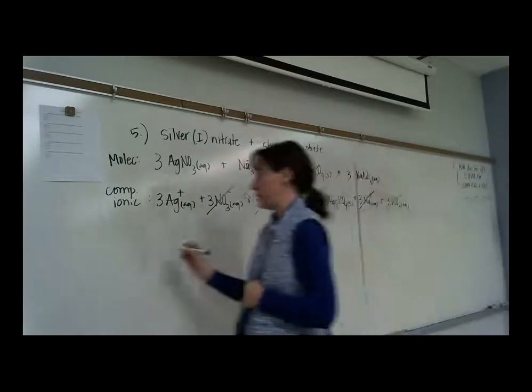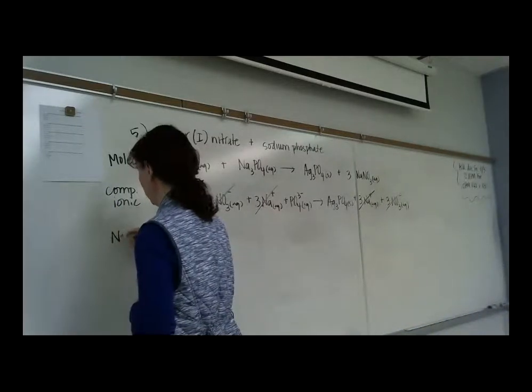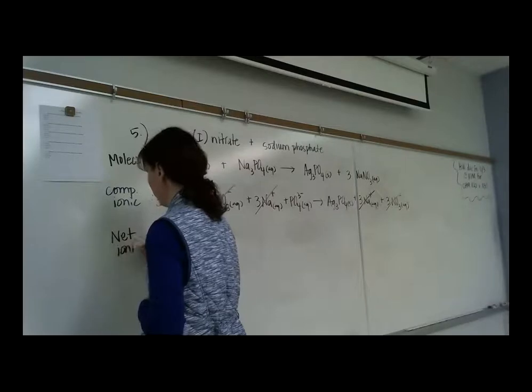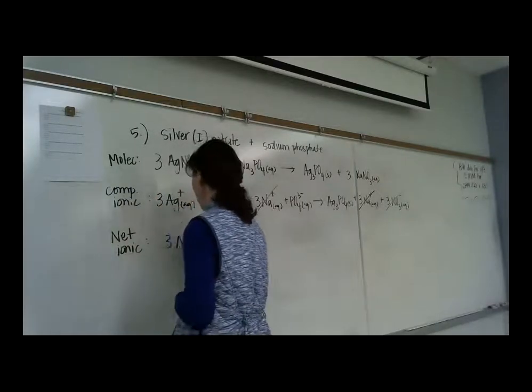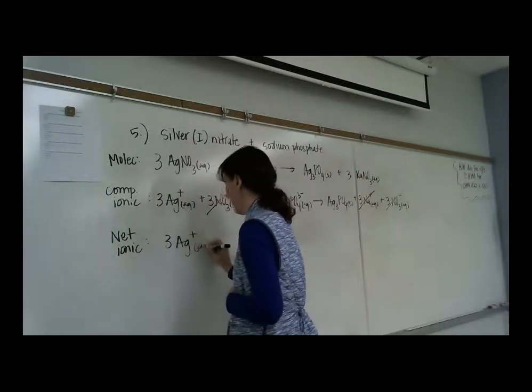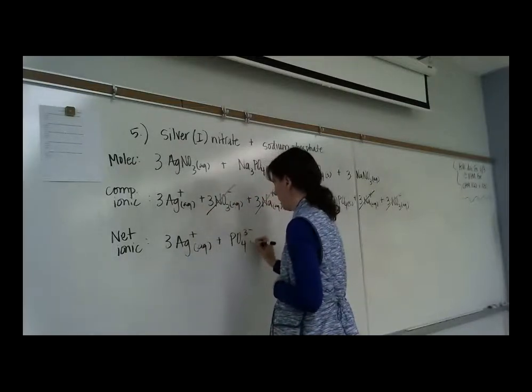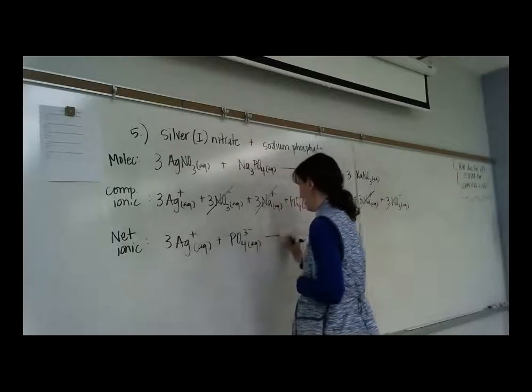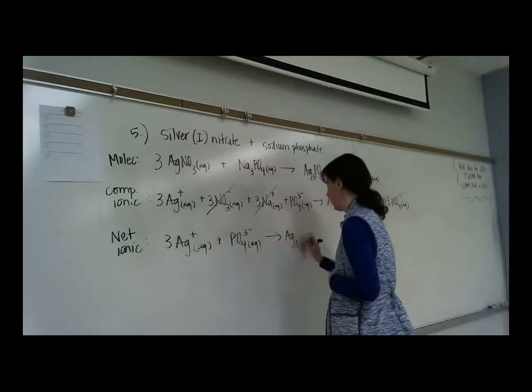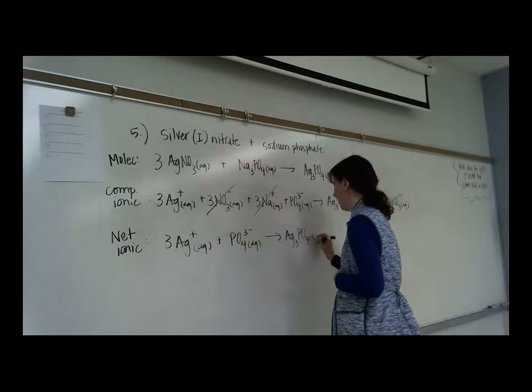So what you're left with is the net ionic. 3 Ag+ aq plus PO4 3- aq produces Ag3PO4 solid.